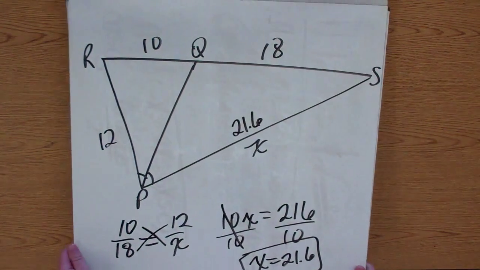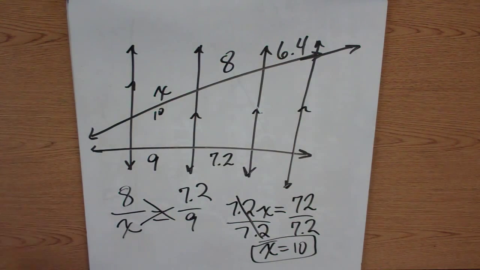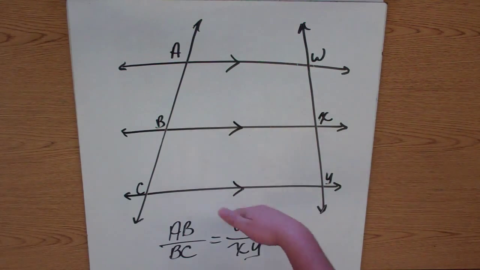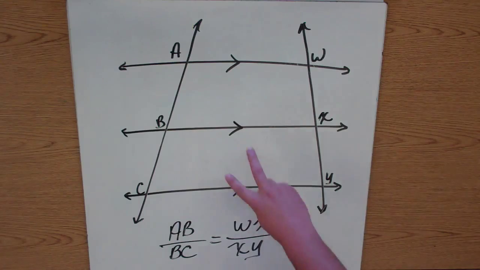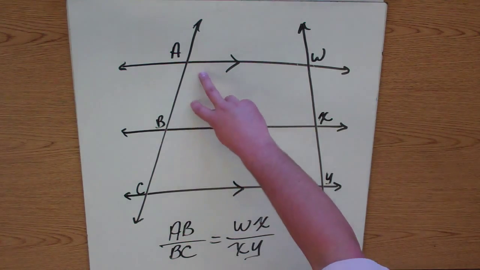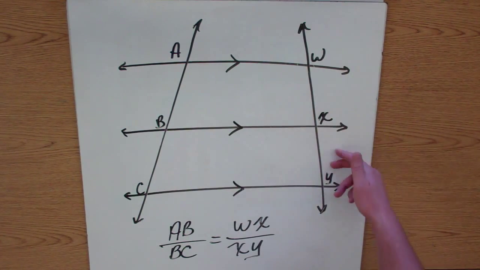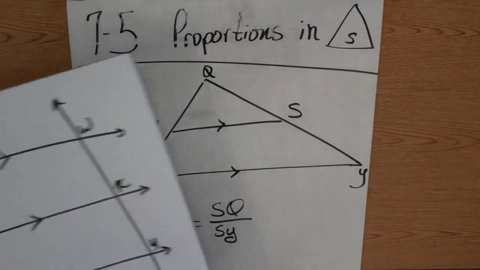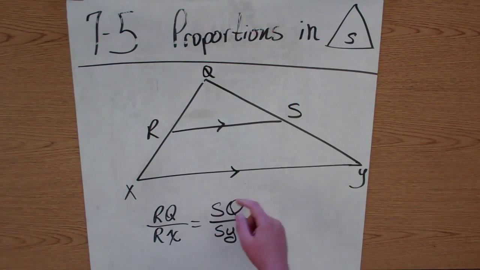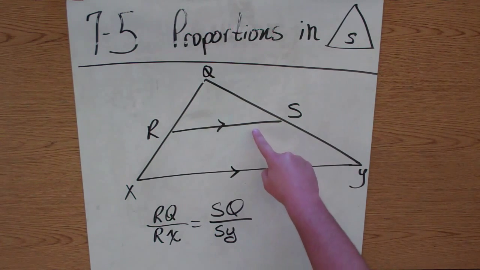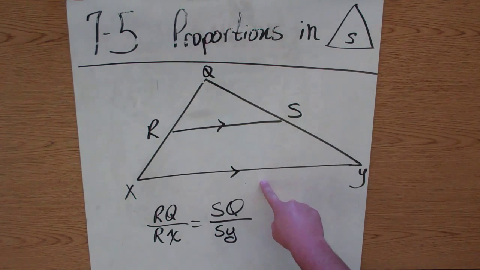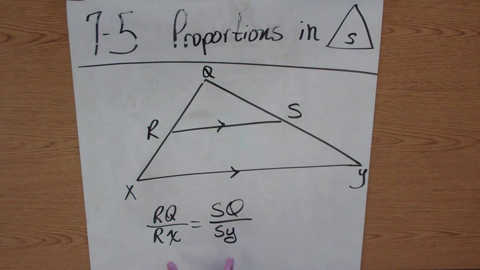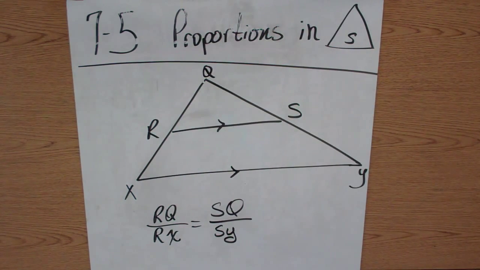We also know now that if you have parallel lines cut by transversals, the segments that the transversals are cut into are proportional as well. And the final thing we just learned: if you have a triangle and you draw a line parallel to one of the bases, the sides of the triangle form a proportion.